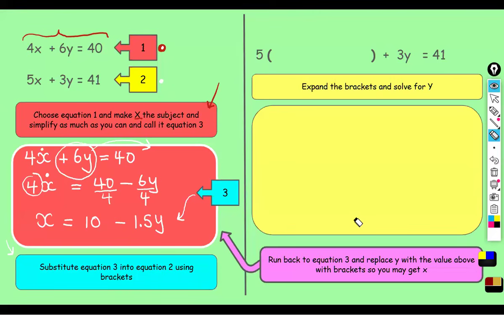Now, what does that mean? Let me explain what x equal to 10 minus 1.5y means. Anytime you see an equal sign in maths, you know what that really means? Everything on the left-hand side basically has the same value as everything on the right-hand side. I know x and 10 minus 1.5y look different.